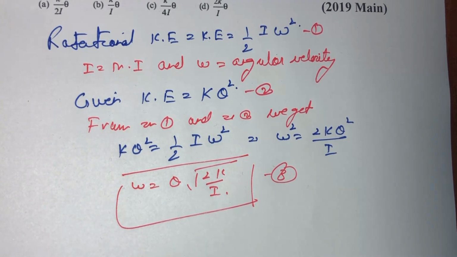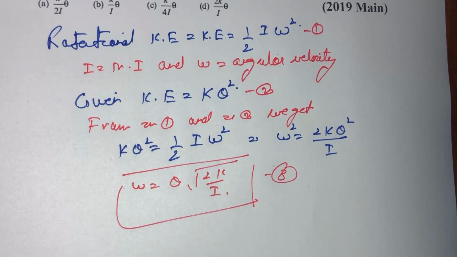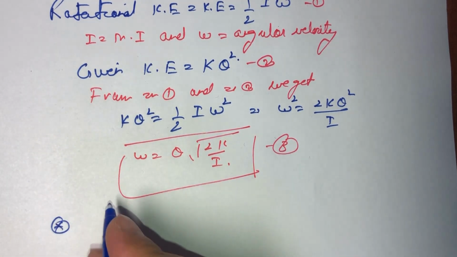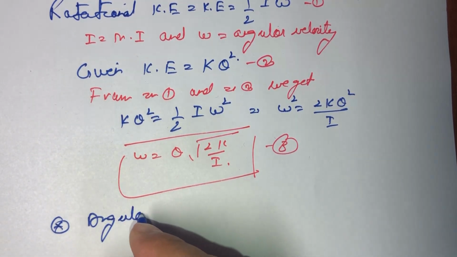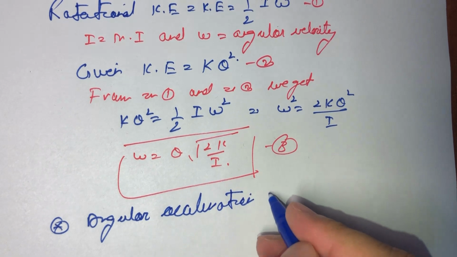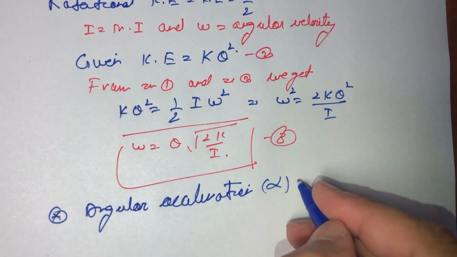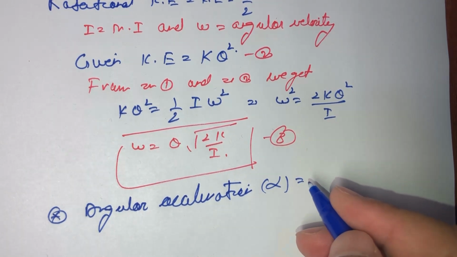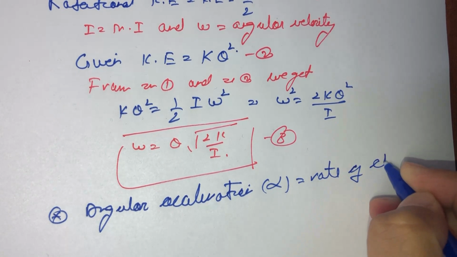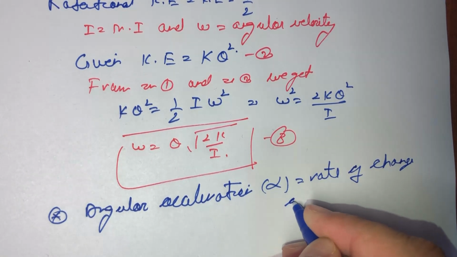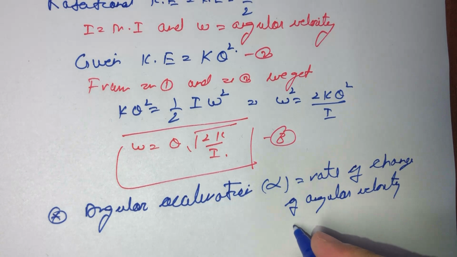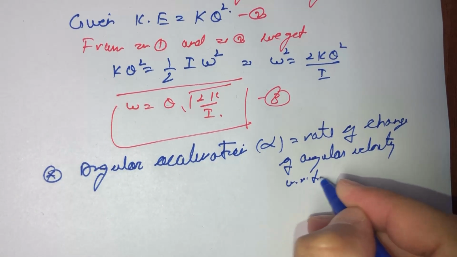Now the angular acceleration for the disk, if it is given as alpha, so angular acceleration, that is alpha, is defined as the rate of change of angular velocity with respect to time.